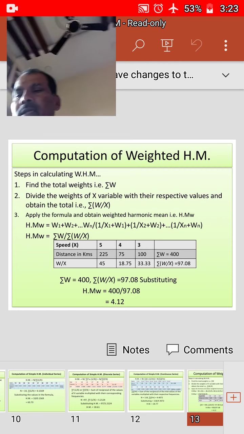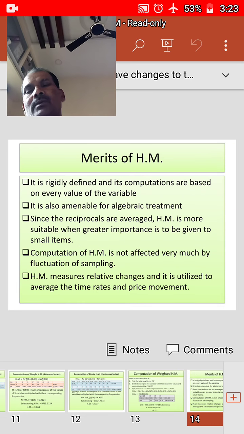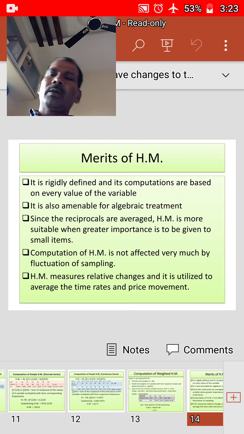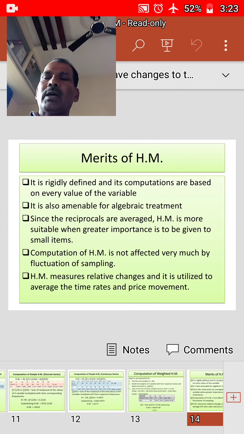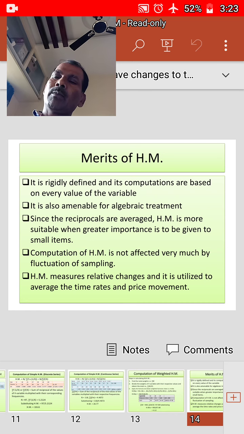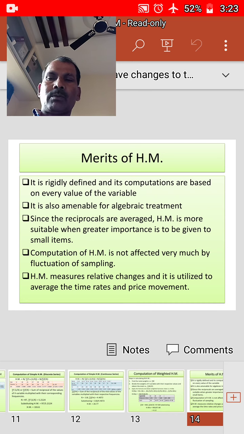Next, we have some merits of HM. That is, harmonic mean is rigidly defined and its computations are based on every value of the variable. The second is it is also amenable to algebraic treatment.